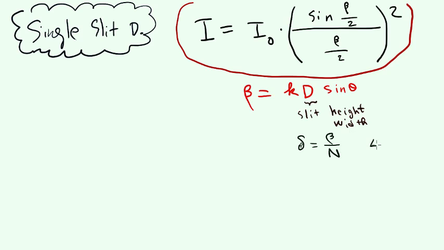So if delta goes from 0 to 2 pi, then beta goes from 0 to 2 pi n. So that's infinity, isn't it? Right? Because n, capital N, goes to infinity.